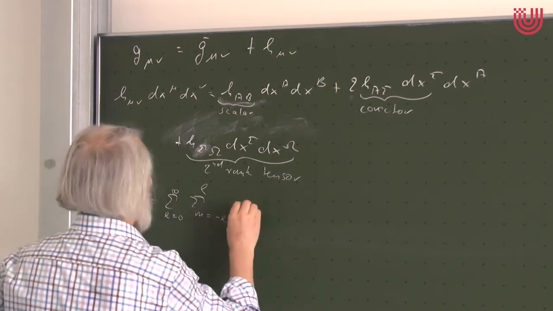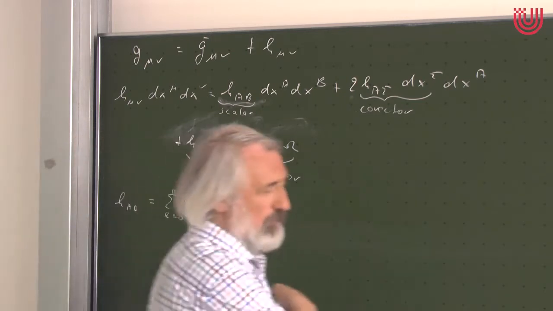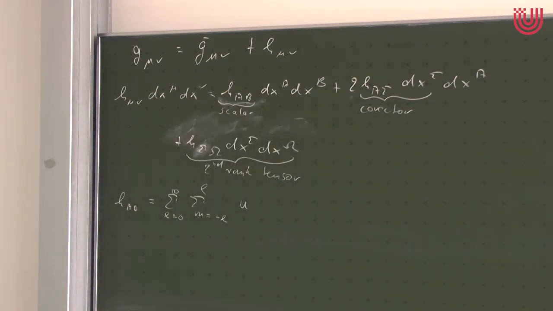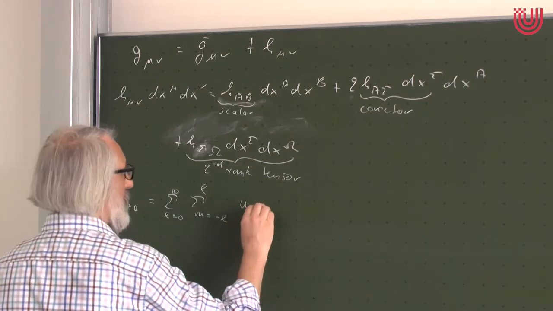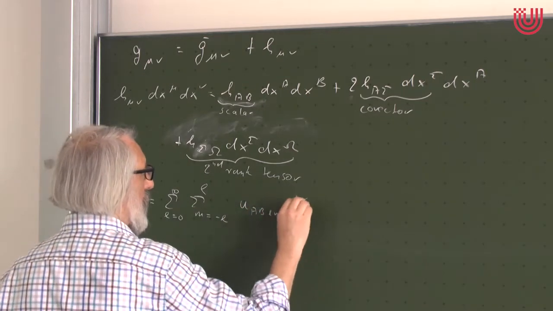And the coefficients, I think I called them u. Did I call them u? Let me check. Yes, u. U_AB^lm Y_lm.